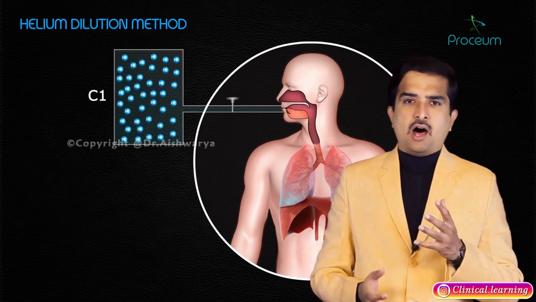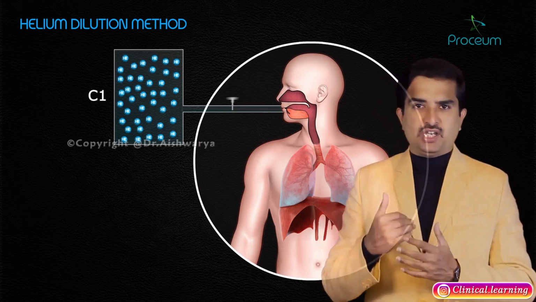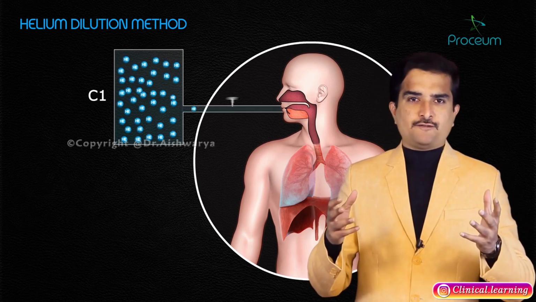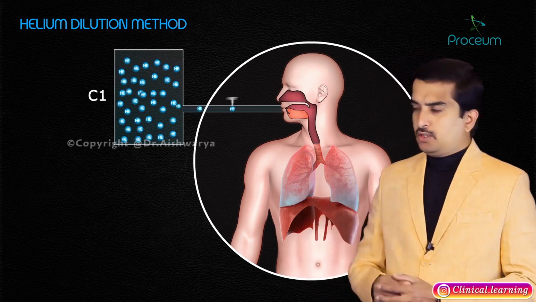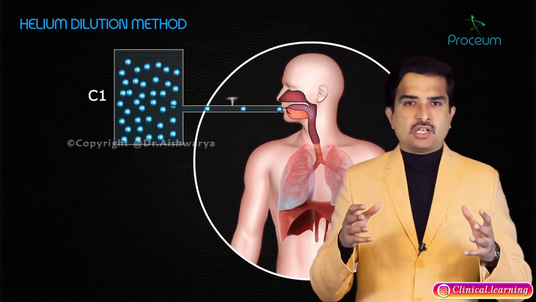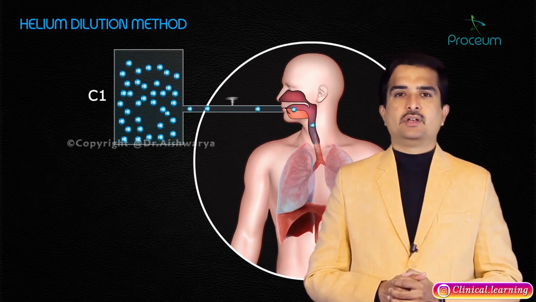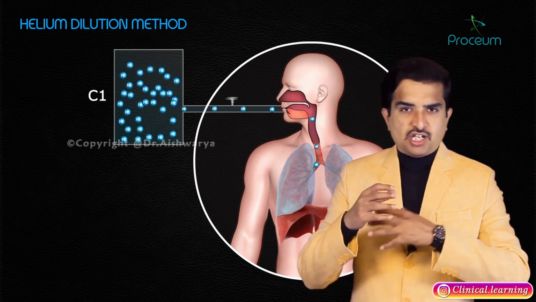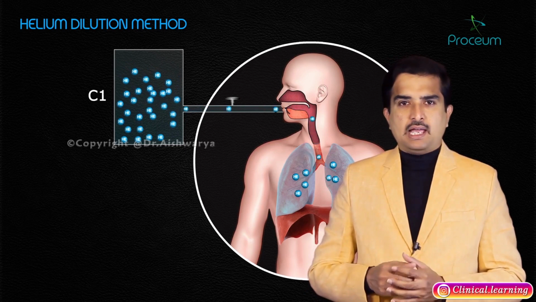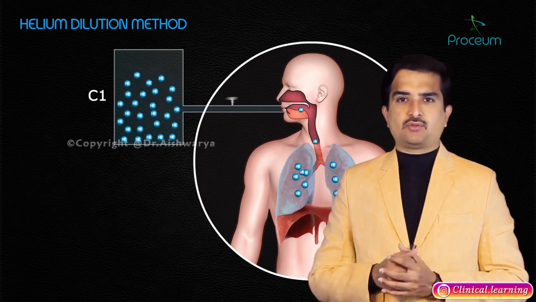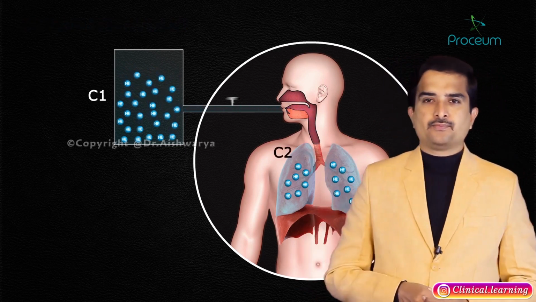The patient is then asked to breathe normal breaths of the mixture, starting from FRC, and the spirometer measures the helium concentration. The helium spreads into the lungs of the patient and settles at a lower concentration, C2.